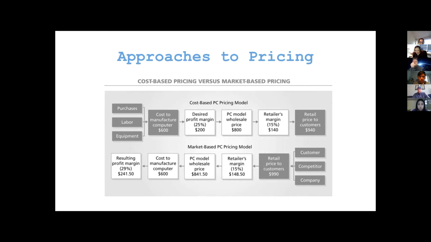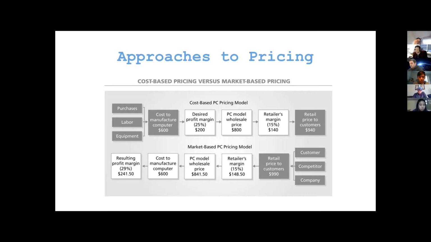In contrast, with a market-based pricing model, you're starting off with customers. You're basically using techniques like conjoint analysis or surveys to get a sense of what people are willing to pay for the value that you're delivering. You're then taking into consideration what your competitors are pricing their products at, and you think about positioning of your company.